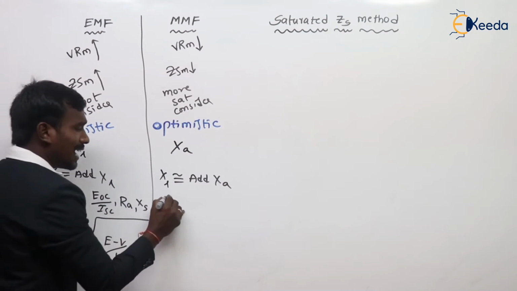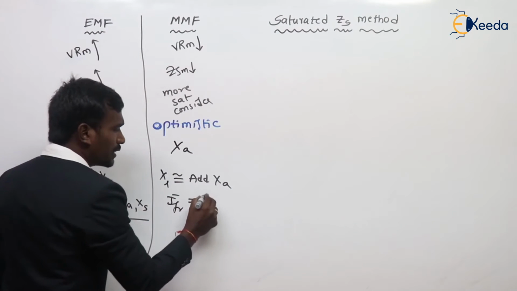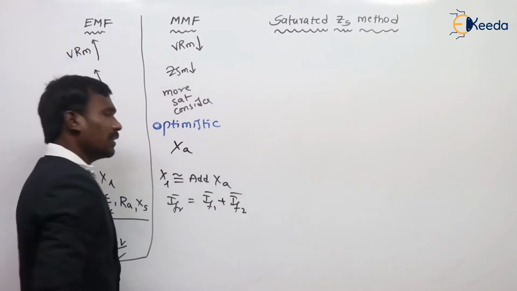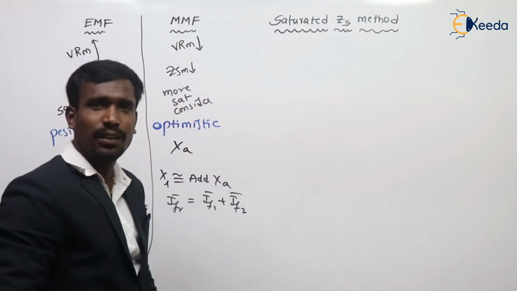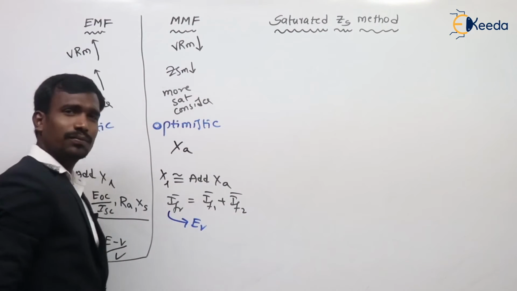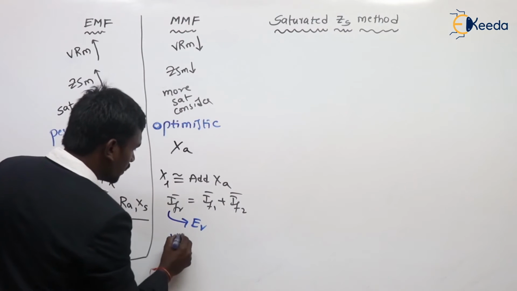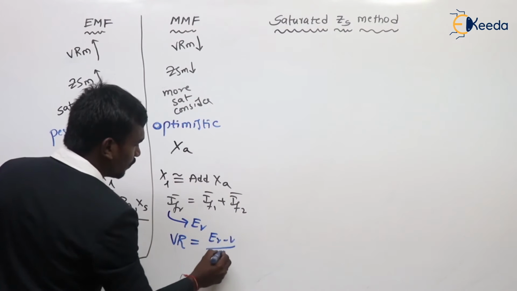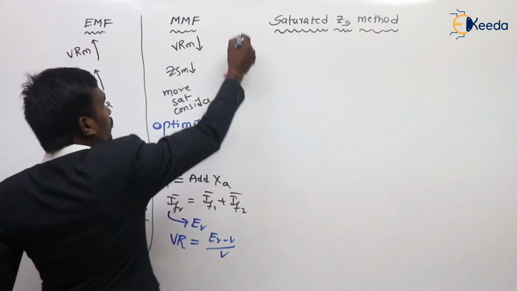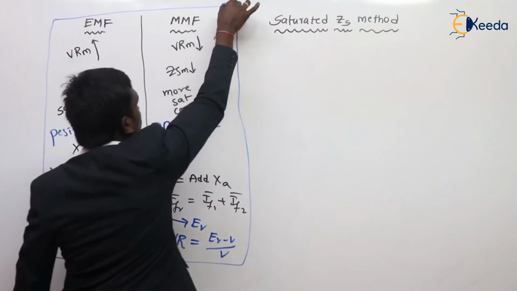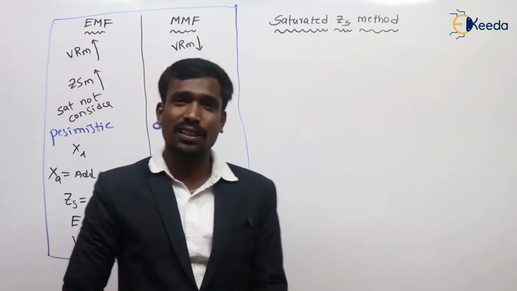But here in the MMF method, calculate IFR, which is the sum of two field currents, for lagging, leading and unity power factor. Then find the corresponding ER. Then find the voltage regulation, ER minus V upon V. This is finally the difference between the EMF and MMF methods.